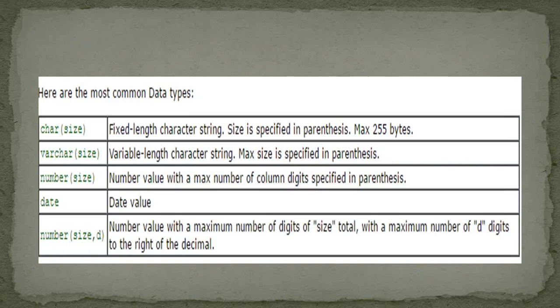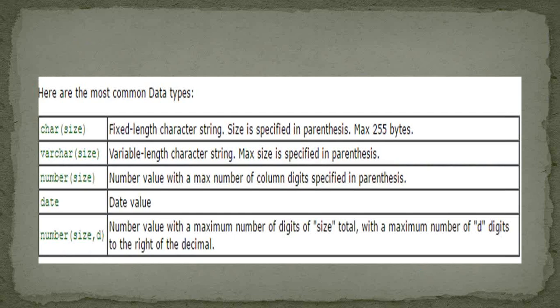See here, here are the most common data types: char(size), fixed length character string, size is specified in parenthesis, maximum 255 bytes. Varchar(size), variable length character string, maximum size is specified in parenthesis. Number(size), number value with a maximum number of column digits specified in parenthesis.